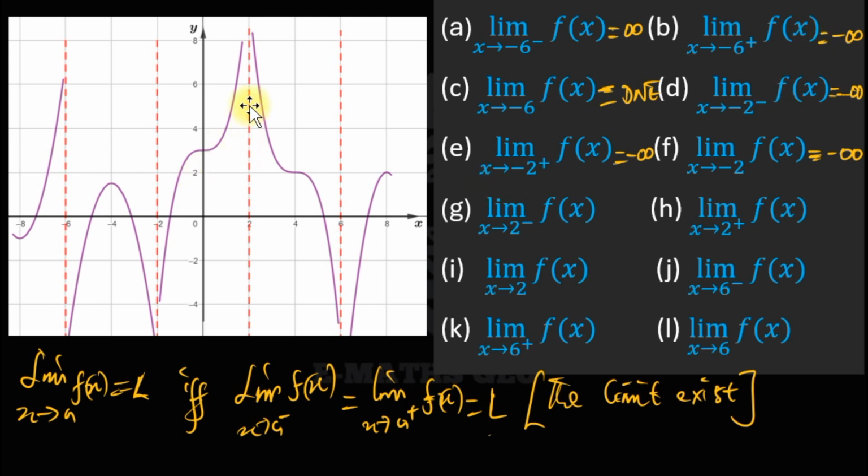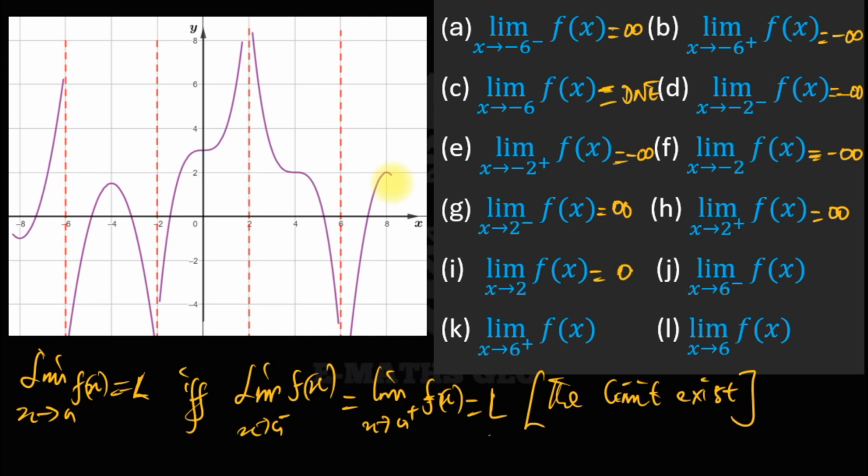For 2, f of x as x approaches 2 from the left, as you can see from the graph, gives us positive infinity. From the right, also positive infinity, so this is positive infinity because both the left and right-hand limits are the same.